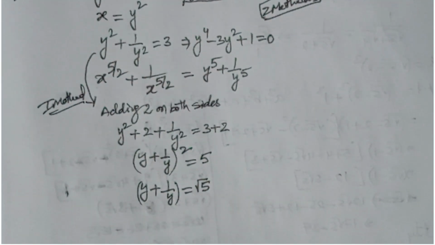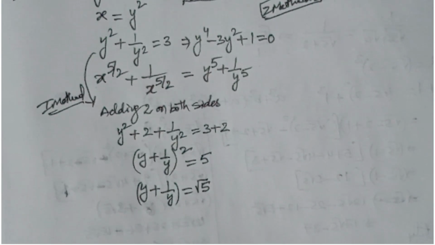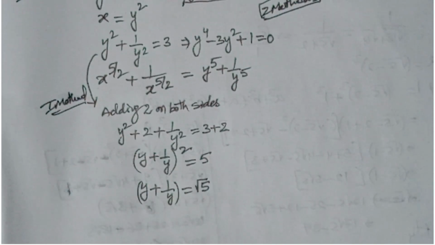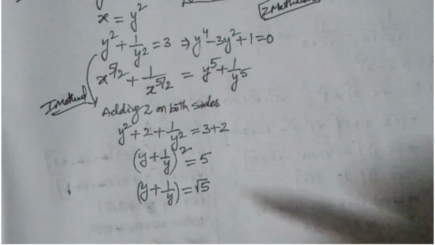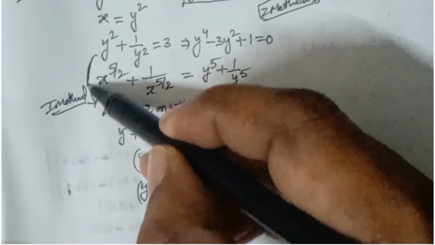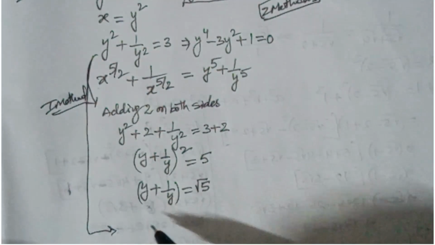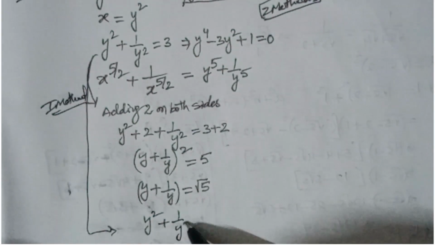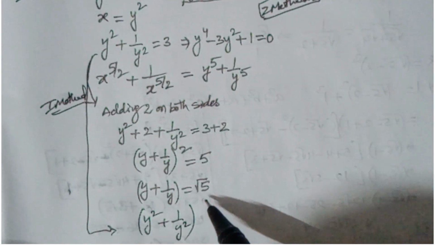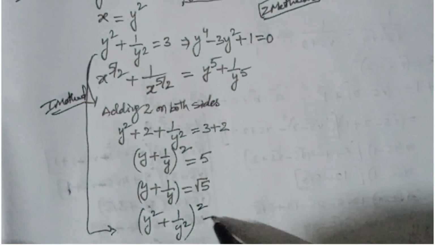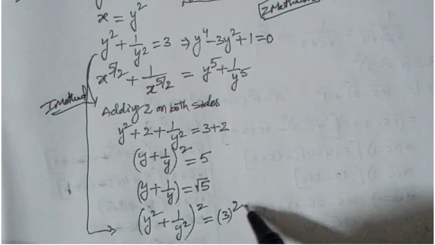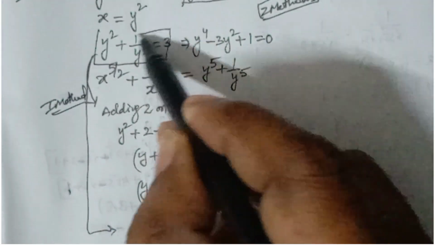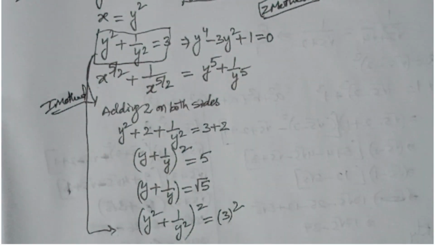So here y plus 1 by y is equal to root 5. Now if you take the same equation and do squaring on both sides, y square plus 1 by y square whole square is equal to 3 square. Taking the same equation, this is the main equation, and we are doing squaring on both sides.